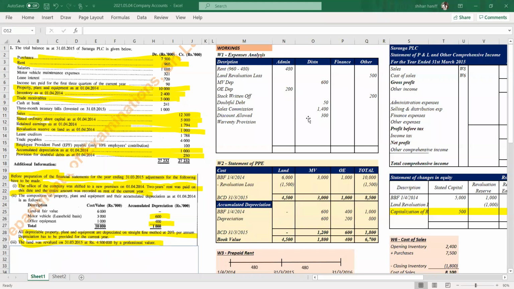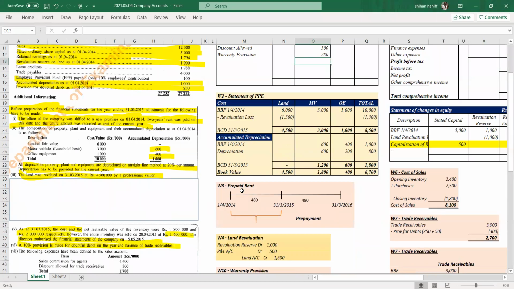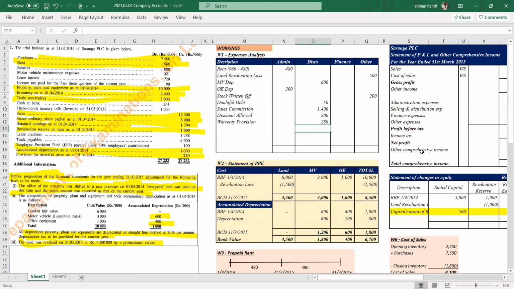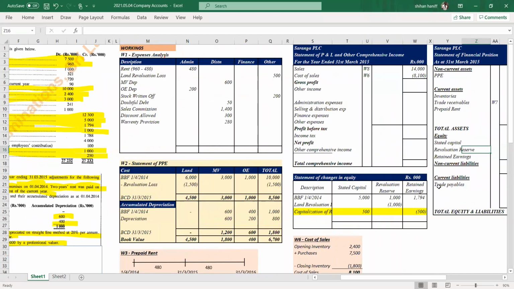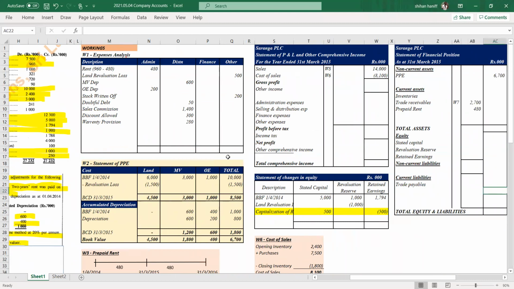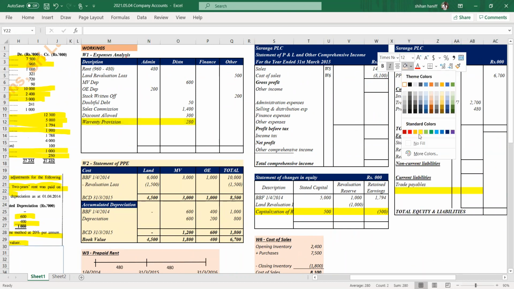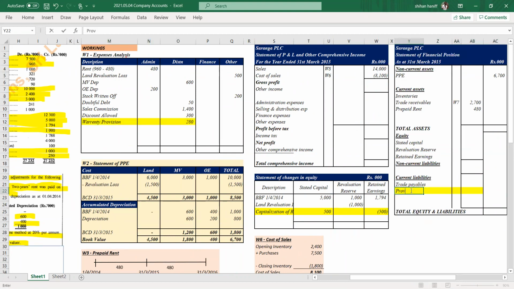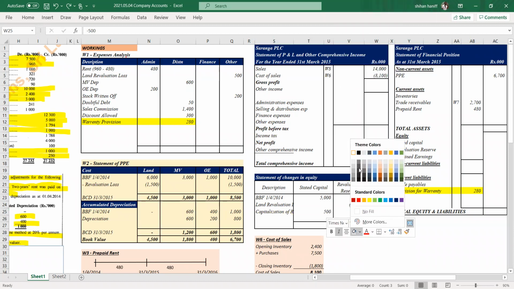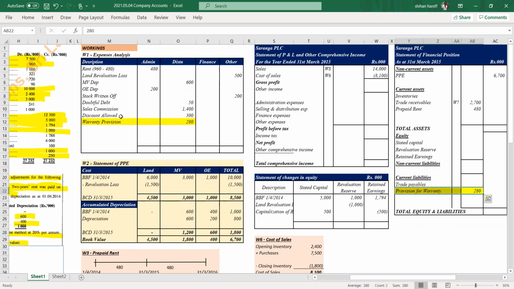Warranty provision, current liability, and distribution expense.